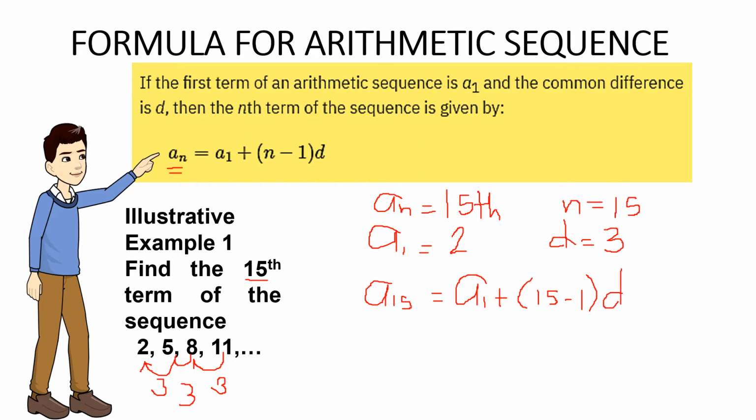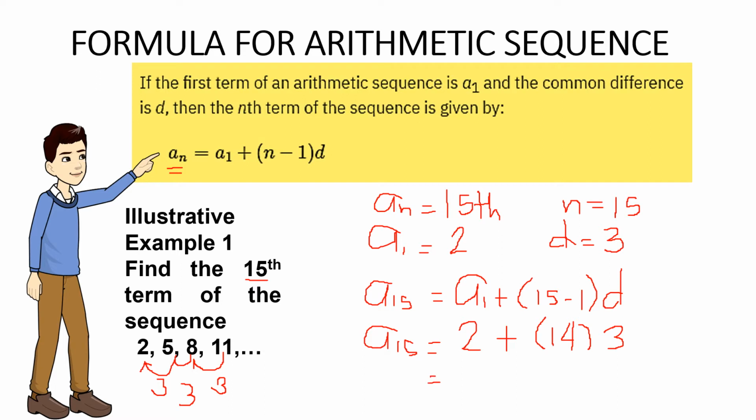Then palitan natin yung value ng a sub 1. Kakaroon tayo ng a sub 15 equals 2, so pinakita ko lang yung a sub 1 doon, plus 15 minus 1 is 14 times 3. 3 ang ating difference.